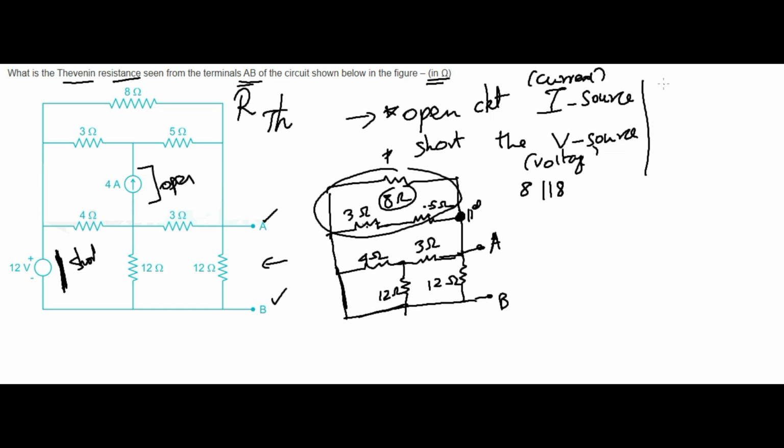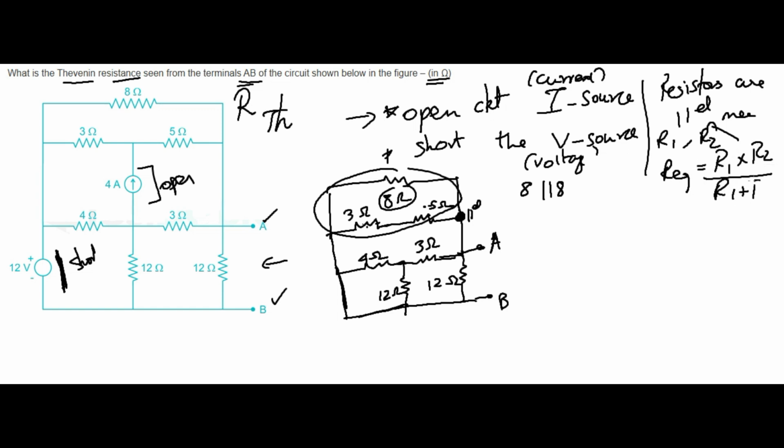Always remember, if R1 and R2 are parallel, the equivalent resistance equals R1 into R2 divided by R1 plus R2. Don't forget. So 8 into 8 divided by 8 plus 8 equals 64 by 16, which equals 4. So here you will get a simple 4 ohm.